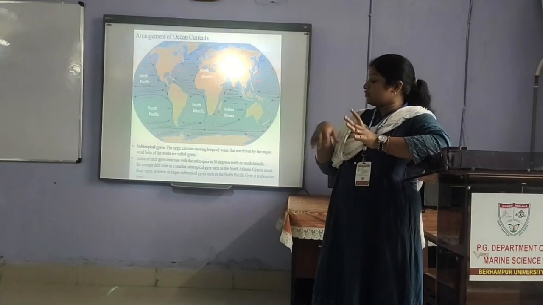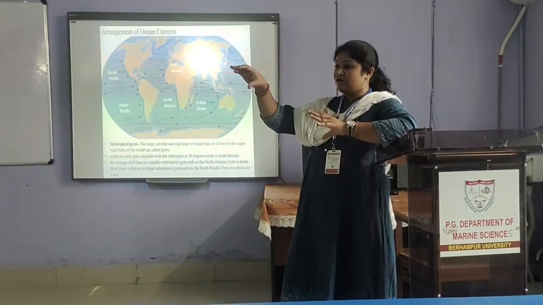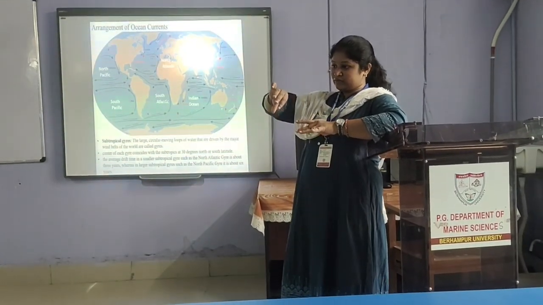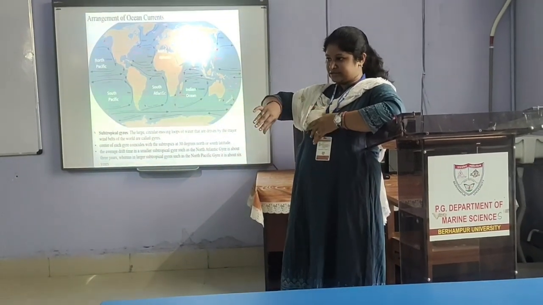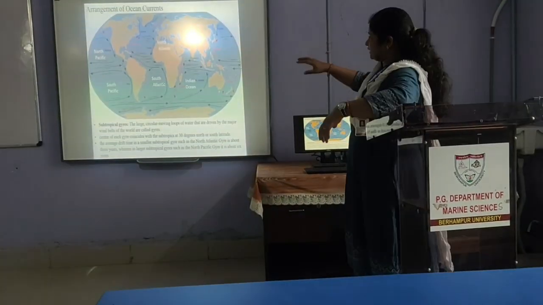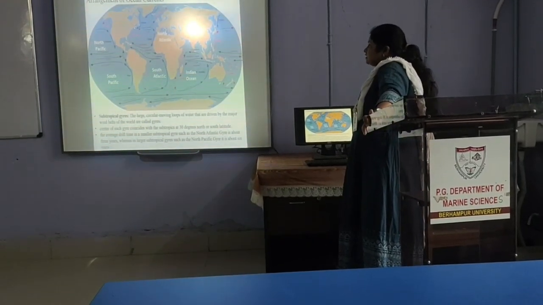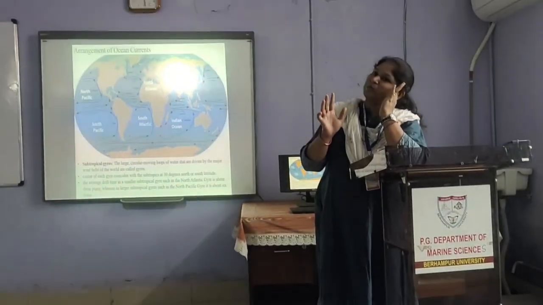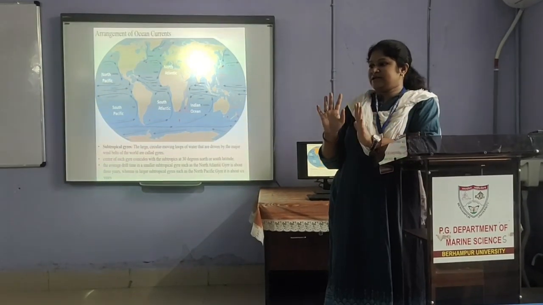This is why it is shown in red: they carry warm water from the equator, flow alongside the western basin, then go towards the polar region. So they always carry warm water. This is called the western currents. You have to remember that every western current is warm in nature.